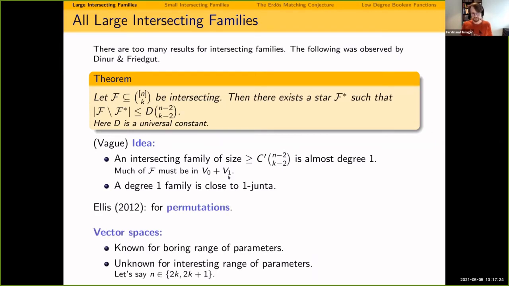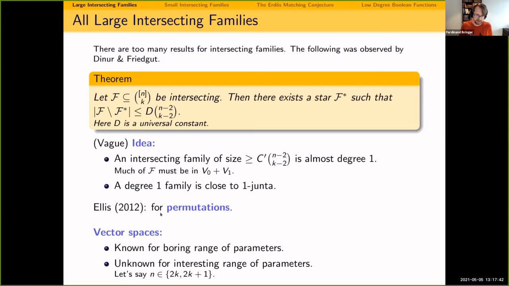Now, here, I think you can say, I mean, Karen or Nathan might correct me if they disagree with that, but one result by David Ellis for permutations tells you something very similar.